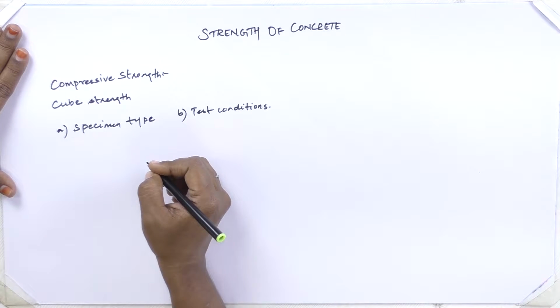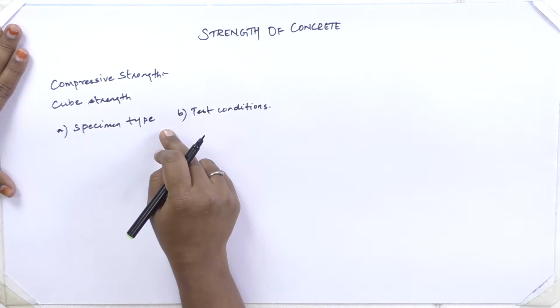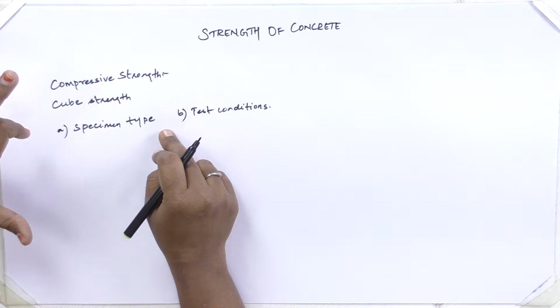In the specimen type, the compressive strength of a cylindrical specimen will be lower when compared to the cube compressive strength of the same concrete, and again these values will be lower than that of in situ concrete.